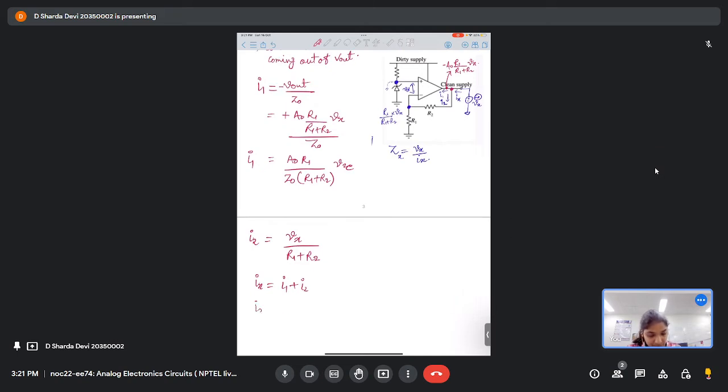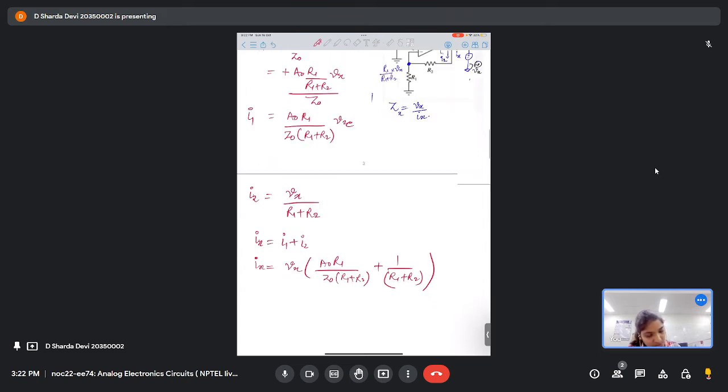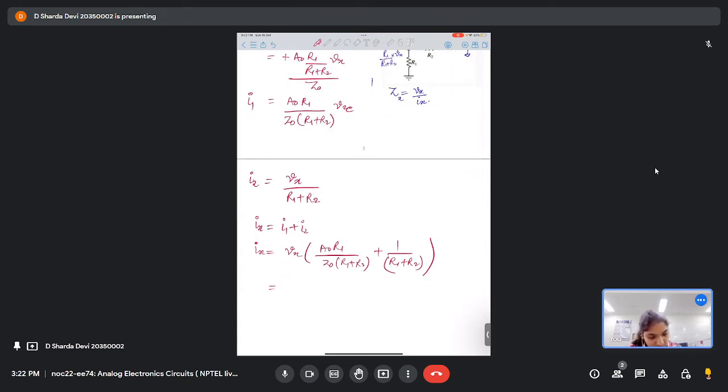So Ix becomes Vx times (A naught R1 upon Z naught R1 plus R2) plus 1 upon R1 plus R2, which becomes (A naught R1 plus Z naught) by Z naught times (R1 plus R2).